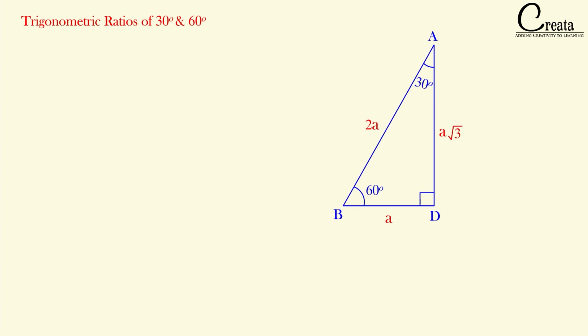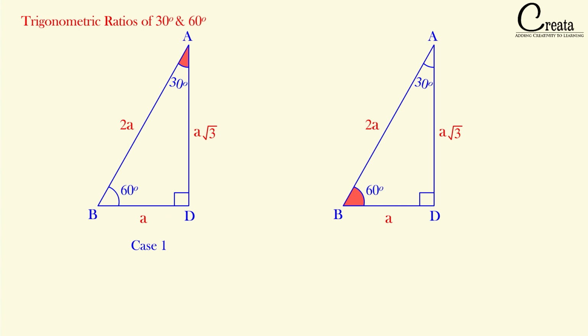Next step before applying the trigonometric ratio is to mark the trigonometric sides, that is, which is base, which is hypotenuse, and which is perpendicular. For that, we have to identify the trigonometric angle. Here we are having two angles, 30 degree and 60 degree. We will take two cases. In the first case, we will take angle A as 30 degree, and we will calculate the trigonometric ratio, that is sin 30, cos 30, tan 30 and all the other trigonometric ratios.